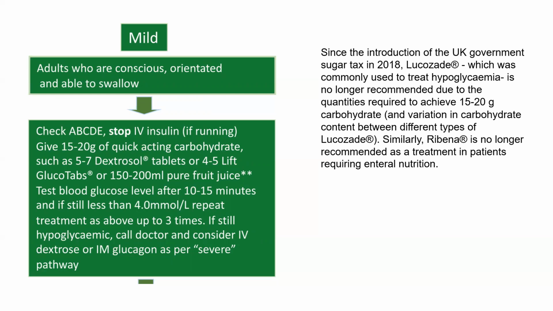Test blood glucose level after 10 to 15 minutes, and if it's still less than 4 millimole per liter, repeat the treatment as above up to 3 times. If still hypoglycemic, we should go to the severe pathway, which is giving IV dextrose or IV glucose. So always check ABCDE in all scenarios, and if the patient is on IV insulin infusion for any reason, that should be stopped first.